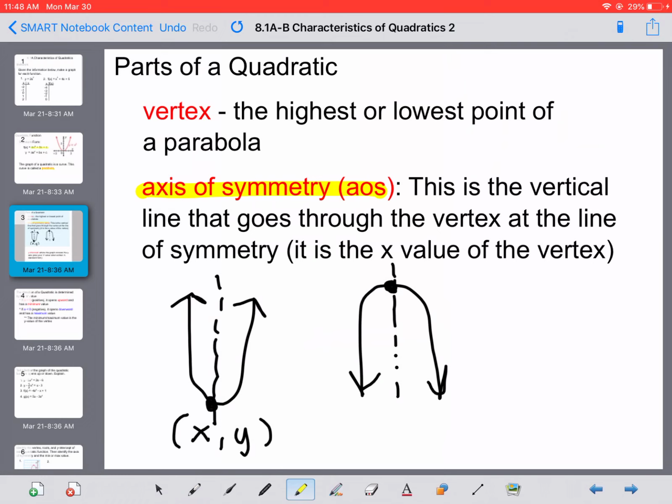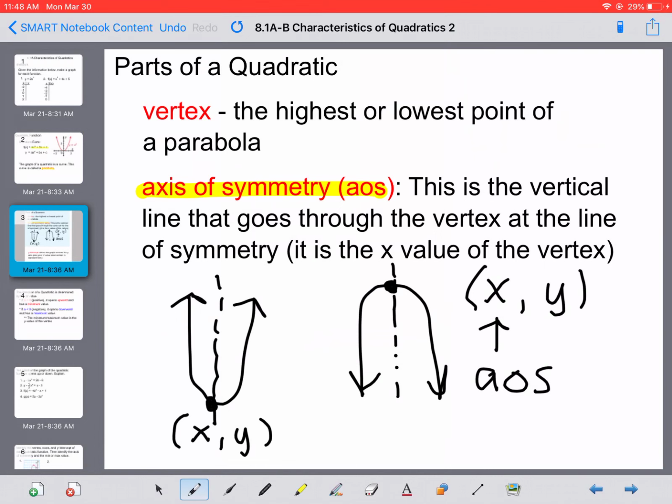It's the vertical line passing through the vertex that cuts the parabola in half. The ordered pair of the vertex is x comma y, and our x value is the AOS. So the axis of symmetry is the x of the vertex.